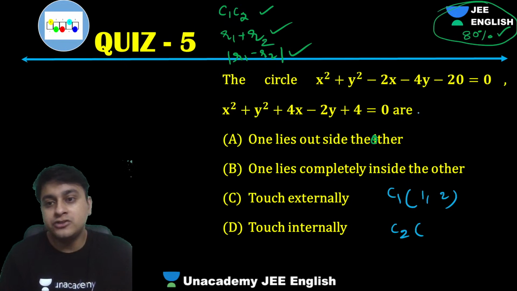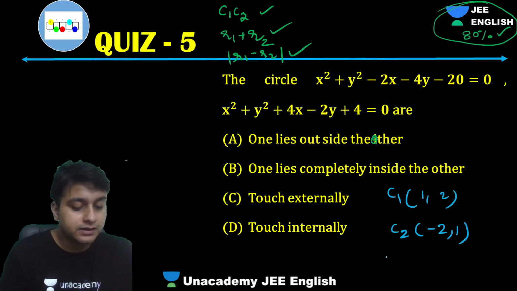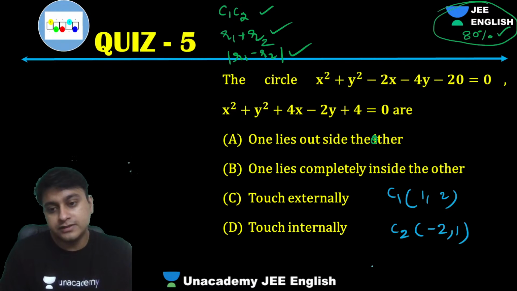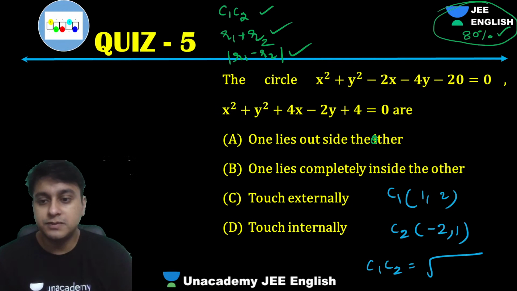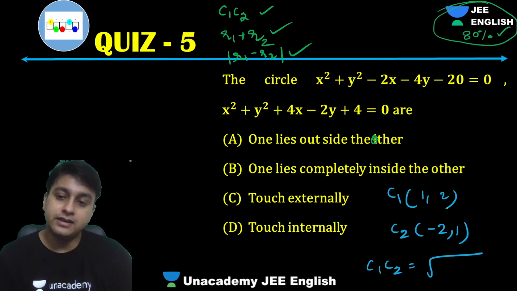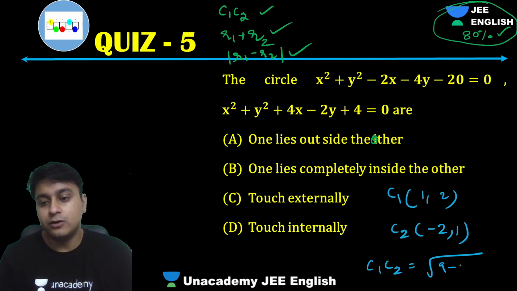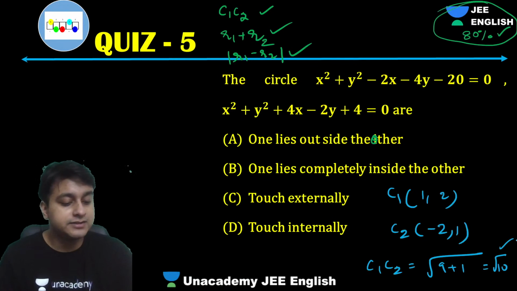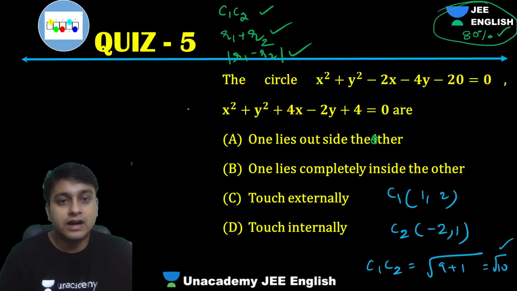Center 2 will be minus 2 comma 1, right? Using the distance formula, root under this minus this, 9 plus 1. So we are getting root of 10 as our C1 C2, right? Okay, what is our R1?